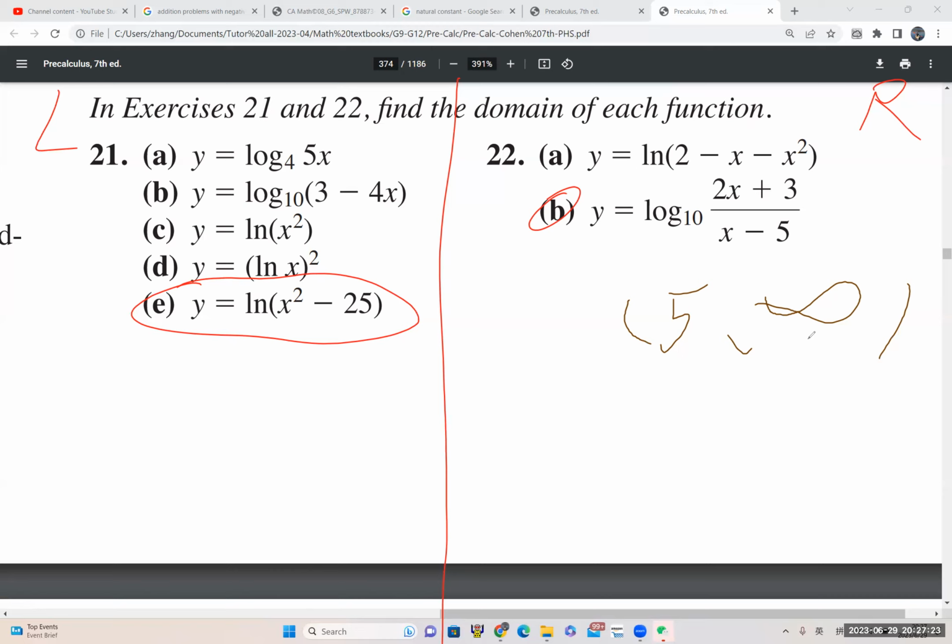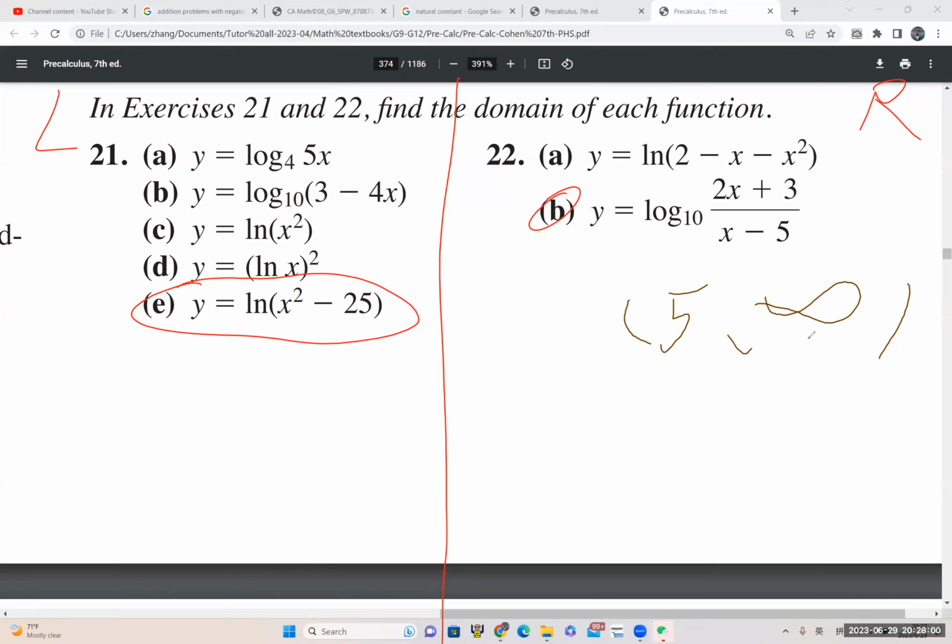Are you sure it's this one? Yeah, most probably it's this one. But I just talk about the method. That's what you need to solve, right? Greater than 0. If we draw this, taking this as a function, it's -5, 5. It's like this, right? So it's correct. Okay.